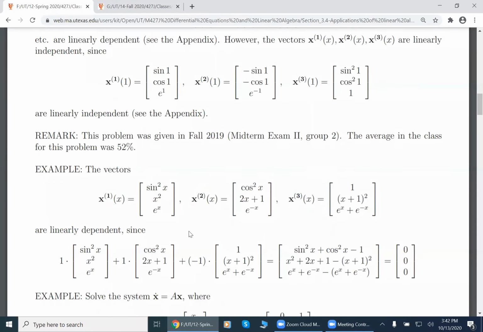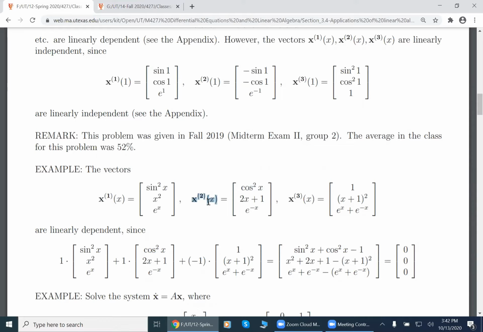Here is why. Note that sine square plus cosine square is 1. X square plus 2x plus 1 is x plus 1 square. e^2x plus e^(-2x) is obviously this. Conclusion, x3 is equal to x1 plus x2.